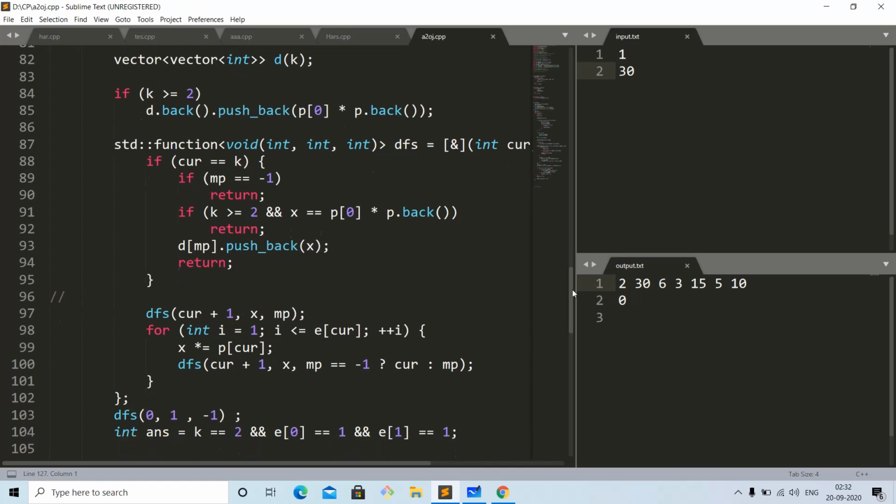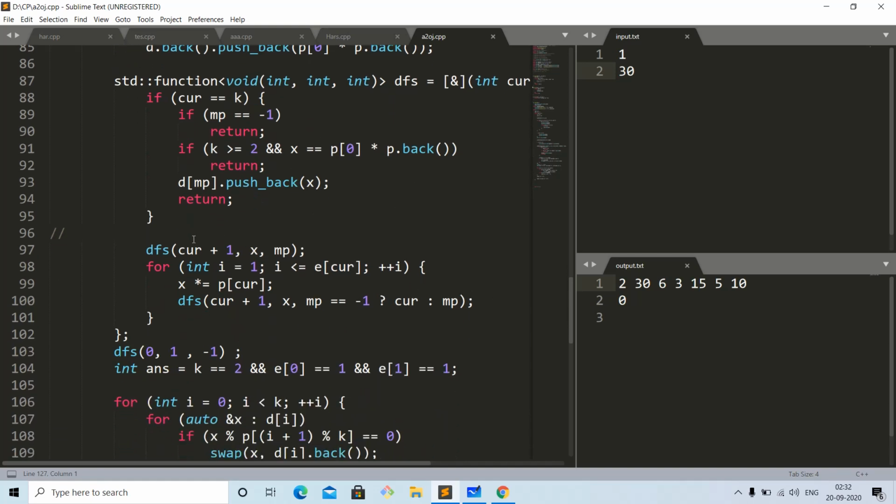right? And because we are doing the DFS traversal, this current will go from 0 to k minus 1, so that this value will become 1 to k, and corresponding to this it will go all the way from 0 to k minus 1 to reach here, because this is depth first traversal, it will go to the depth.